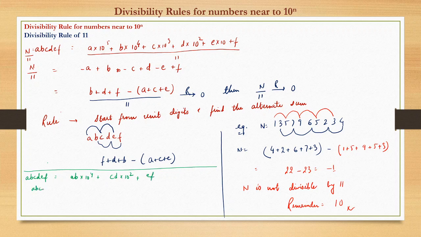Now AB, CD, EF when divided by 11, here it is AB plus CD plus EF, right? Because all the powers are even only, even powers.